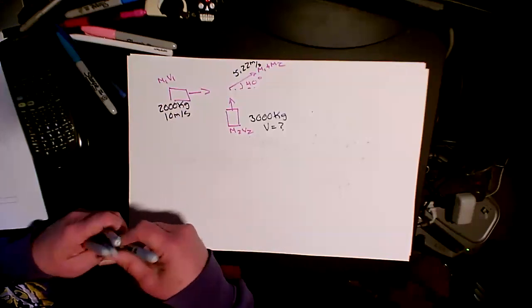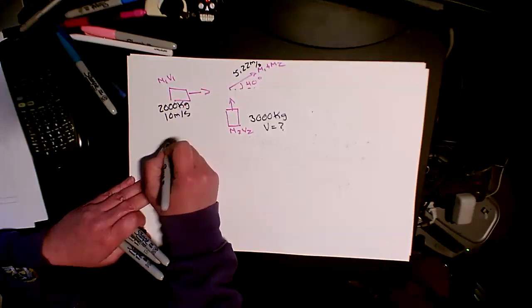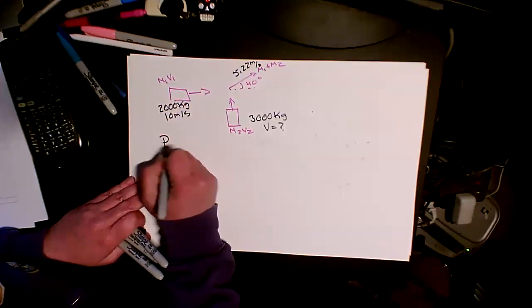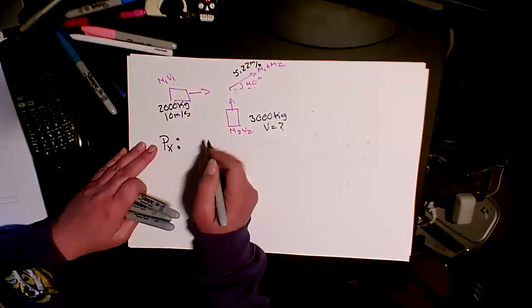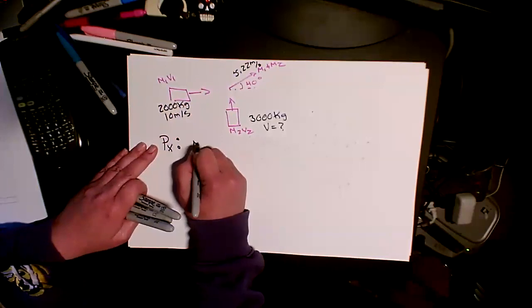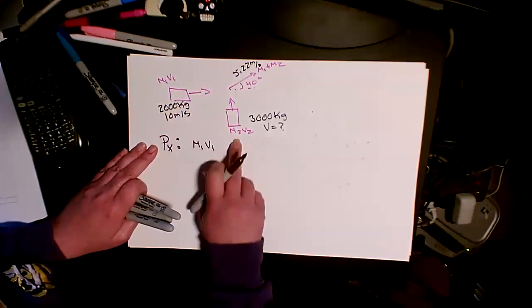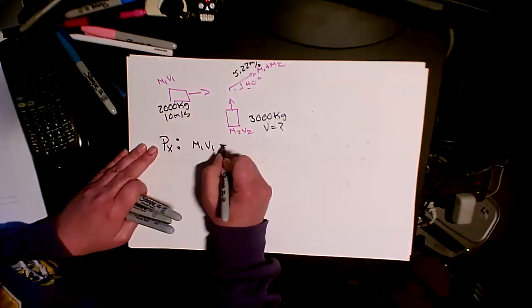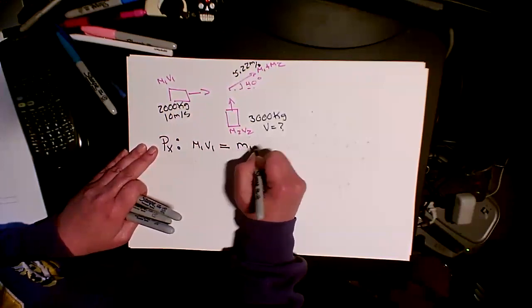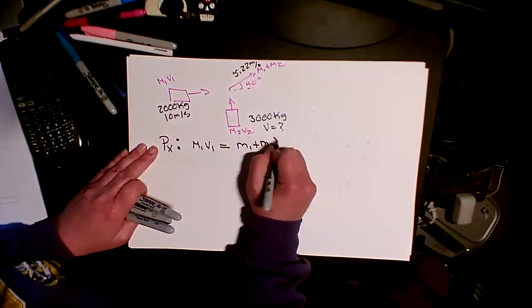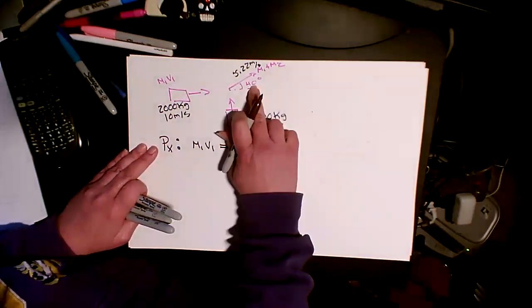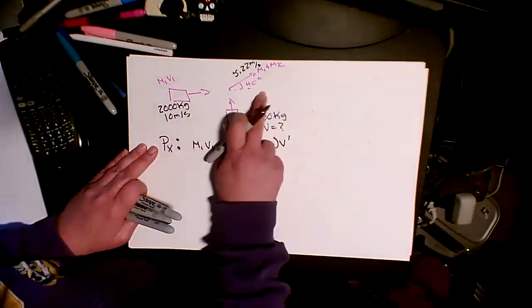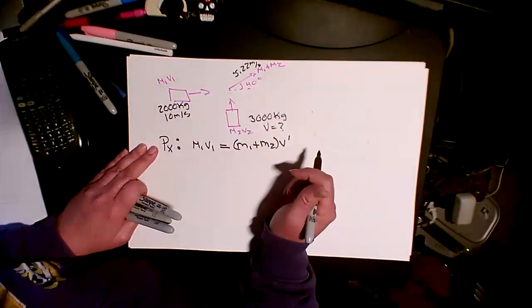Always start with your components. So my momentum in the x. In the initial, I have mass 1, velocity 1. This is all in the y. So that's going to equal the sum of the masses, because they're sticking, times v prime. And v prime, I'm looking at the x component of that velocity.